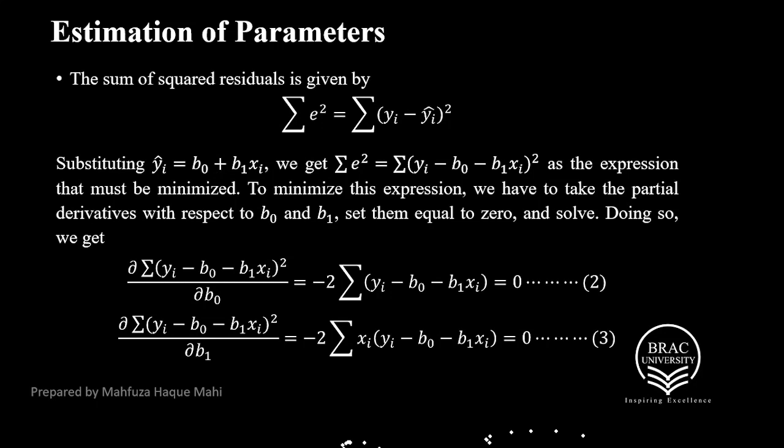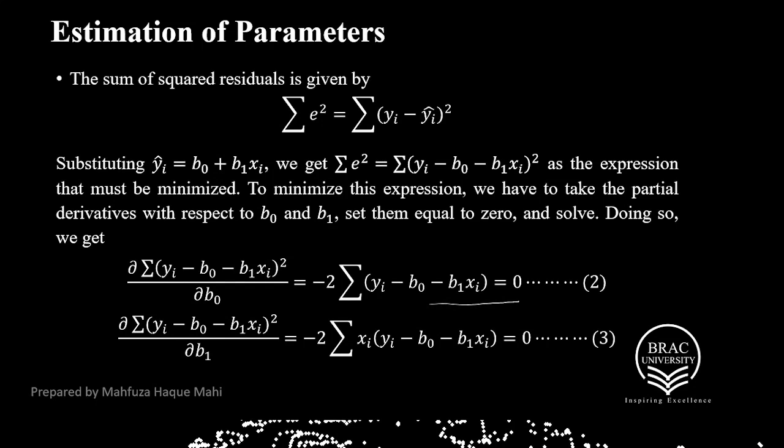If we do so, we will get these equations. In equation 2, we have taken the partial derivative of (yi minus b0 minus b1 xi) whole square with respect to b0, and what we get is minus 2 summation of (yi minus b0 minus b1 xi), and we set it equal to 0.